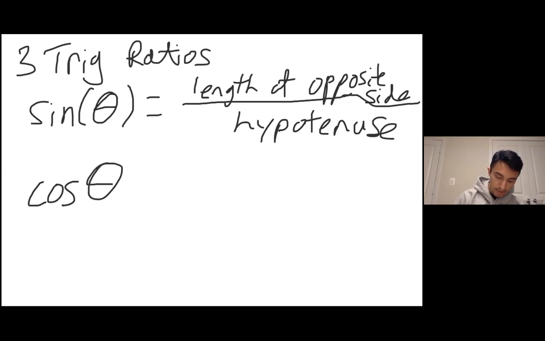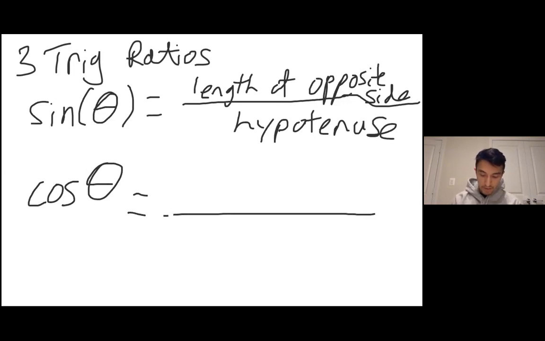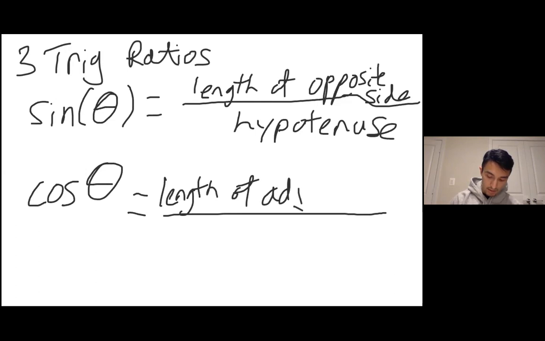So now let's say I take the cosine, right? Now the cosine is very different, but also kind of similar. If you take the cosine of an angle, the numerator is instead going to be the length of the adjacent side. So hopefully we're using our English skills here.